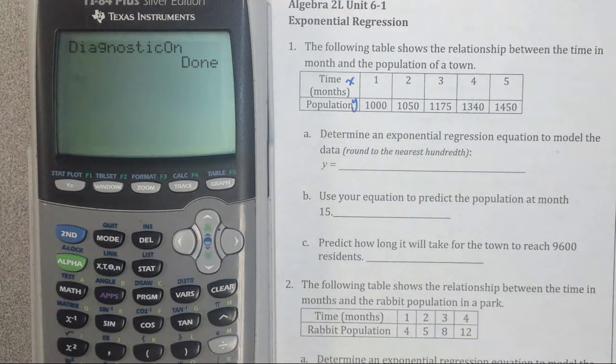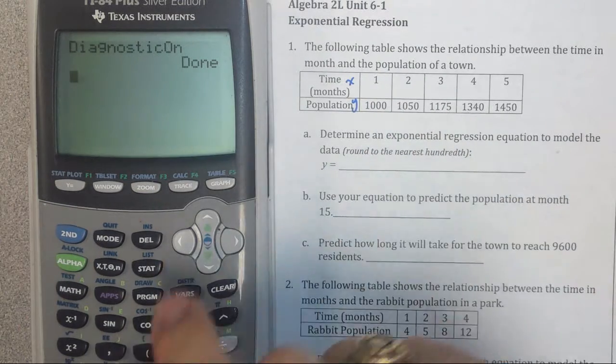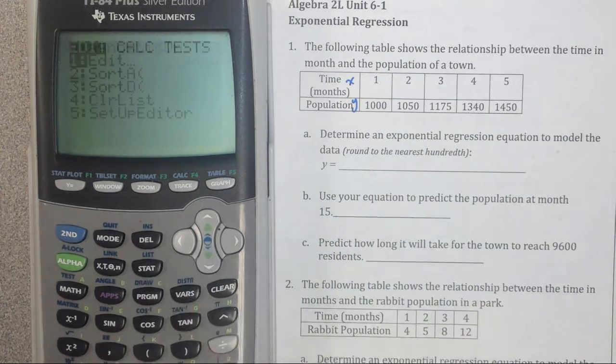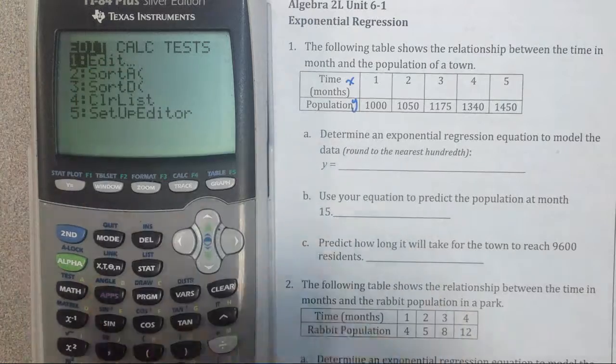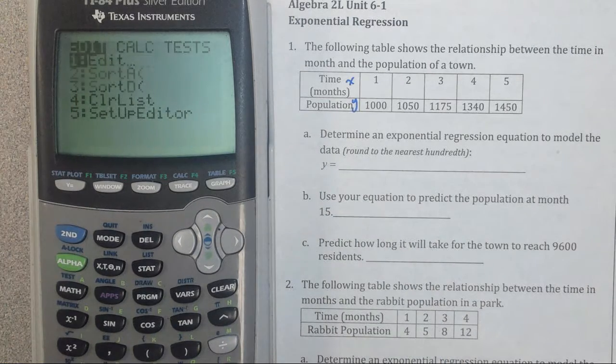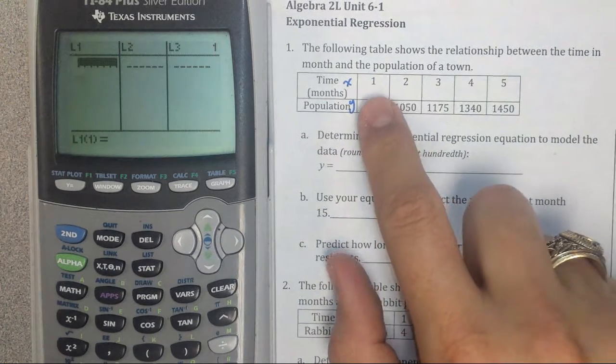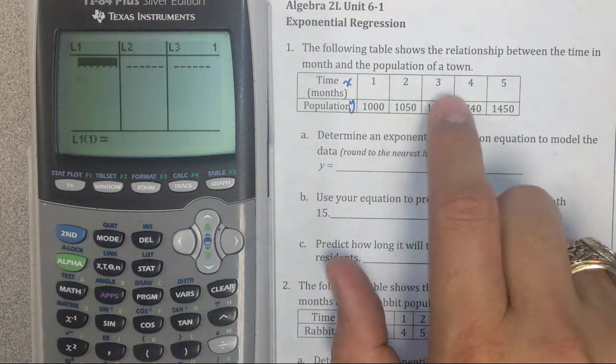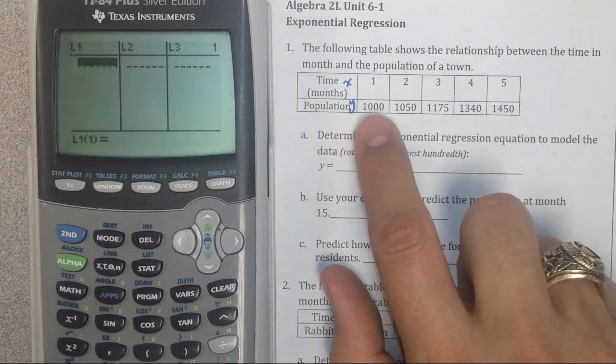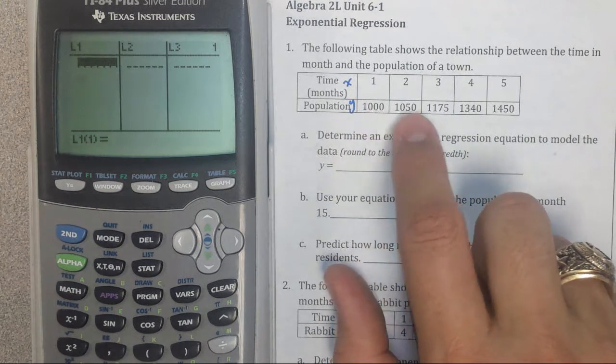Now that's turned on, we can start putting this in. Press the stat key. We're going to go into the edit. X is your L1. Population is your y, which is your L2.